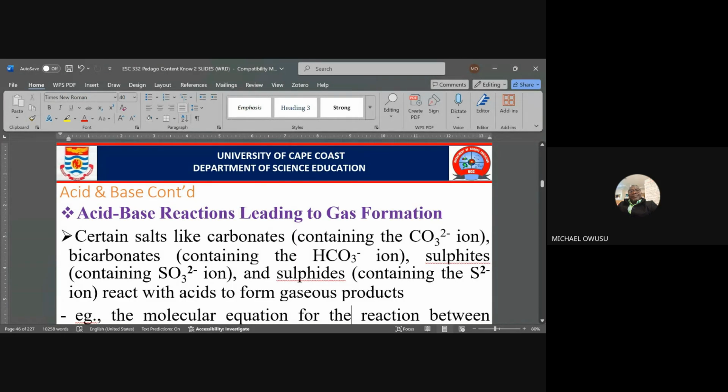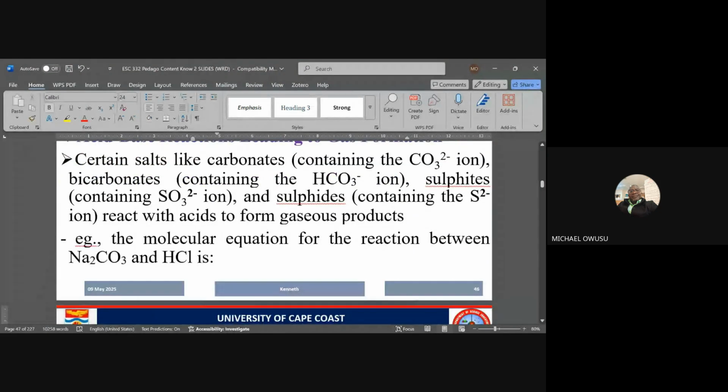So let's look at the example here. When we have sodium carbonate and HCl, I want you to write the equation that will be formed. The reactants: sodium carbonate plus HCl. Let's write the equation. Write it and let me see.